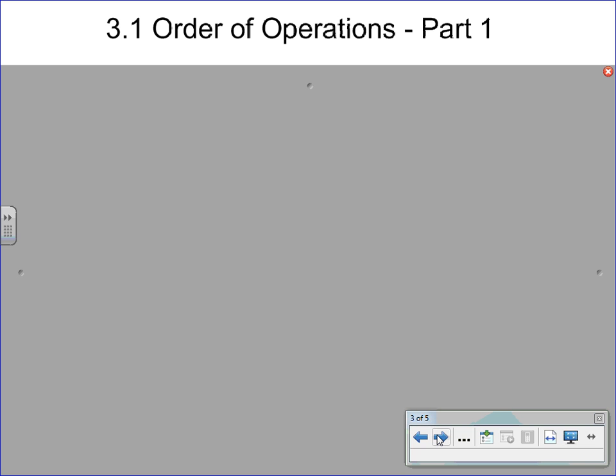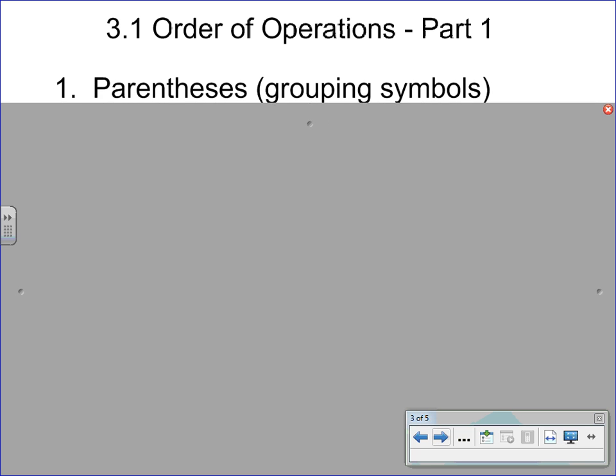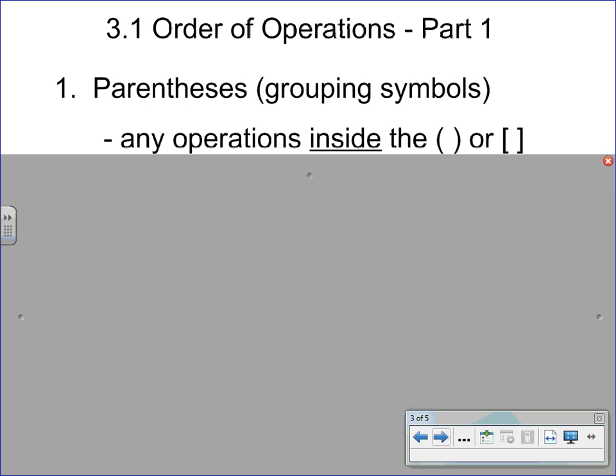Let's take a look at what the order of operations are. Many of you have heard of PEMDAS, the first letters of the order of operations. I'm not a big fan of PEMDAS because I don't feel like it's accurate. I do agree, however, that parentheses are first.